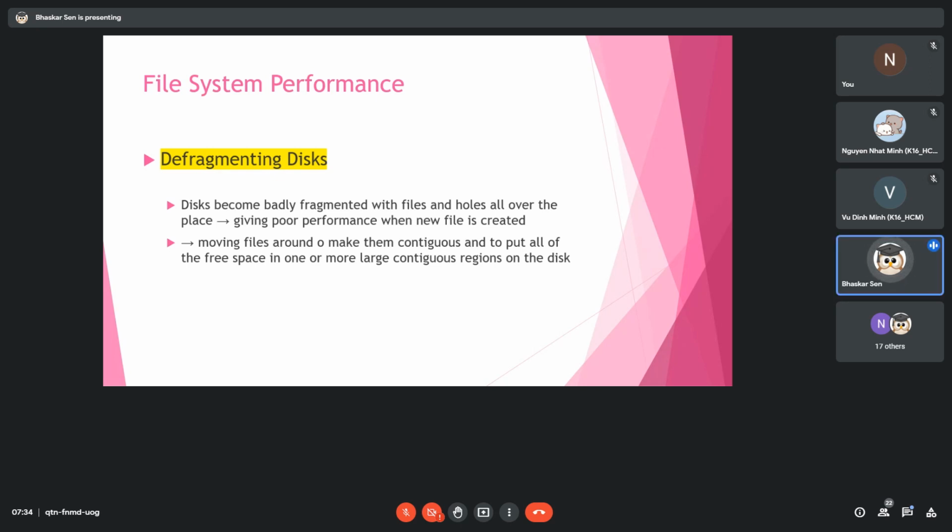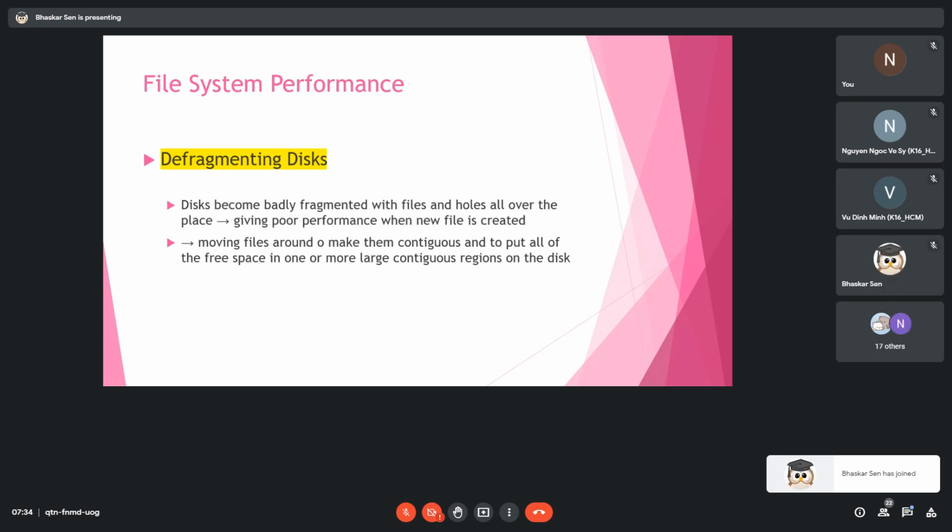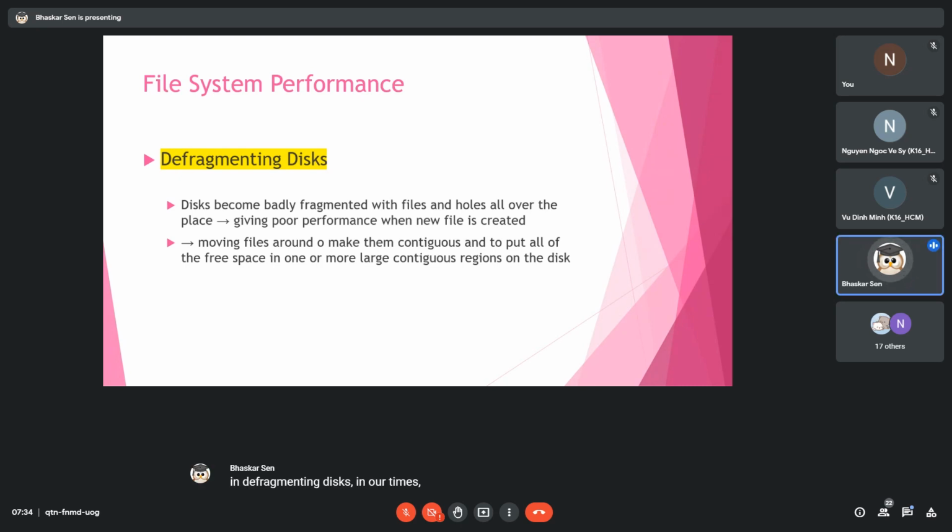In defragmenting disks, in our times, it used to happen a lot.